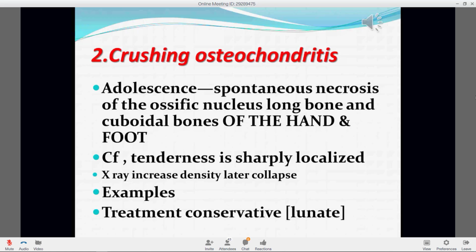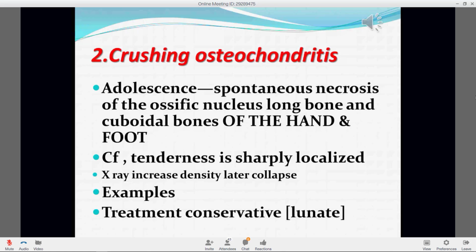Crushing osteochondritis occurs in adolescents: spontaneous necrosis of the ossific nucleus of the long bones and cuboidal bones of the hand and foot. Clinical feature: tenderness is sharply localized to the site of the involved bone.